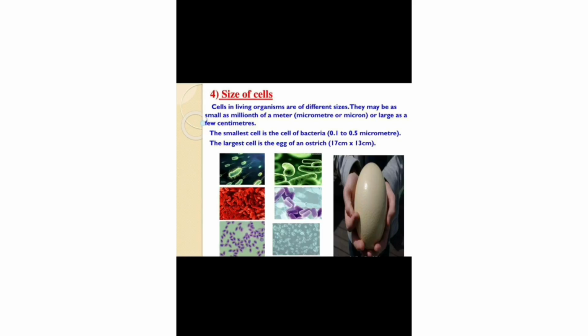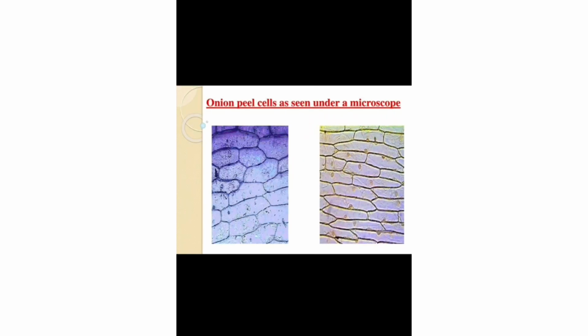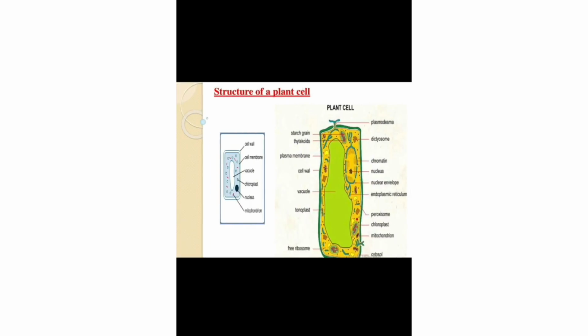And on the other hand, the largest cell is the egg of an ostrich, that is around 17 centimeter by 13 centimeter. You can have a look at the images given below. This is the image of the onion peel cells observed under a microscope. And this is the image of human cheek cells observed under a microscope.